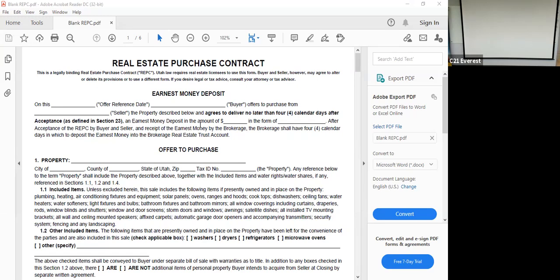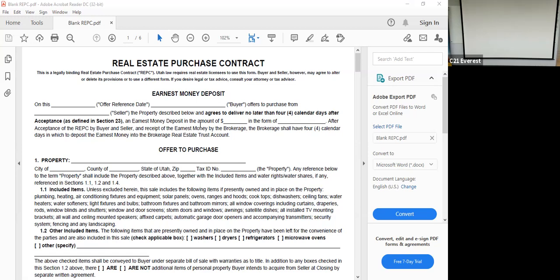Yes, it does say that, but it's broken up in 2 sections. It's talking about earnest money that will be delivered to the brokerage within 4 calendar days after acceptance. And then once that happens, the earnest money must be deposited by the brokerage. So there are actually 2 timelines that the contract is talking about.